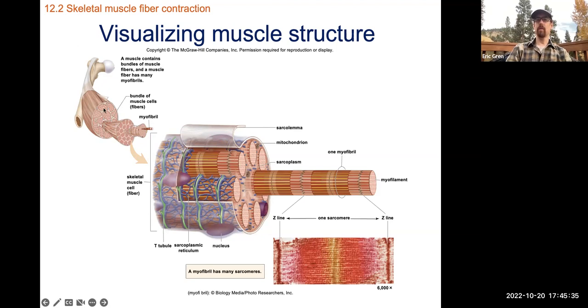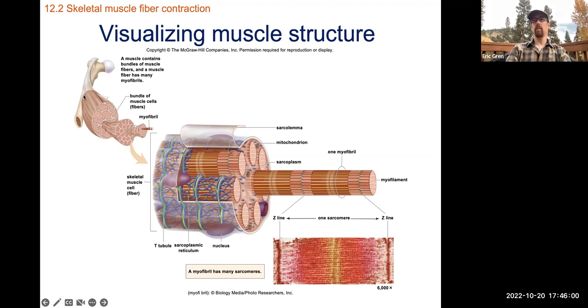That muscle belly is surrounded by what's called epimysium. Epimysium is the connective tissue membrane around the outside of the entire muscle. And that connective tissue is going to narrow to a point, and it's going to form a tendon. And then that tendon is going to be attached to a bone. Tendons attach muscles to bone.